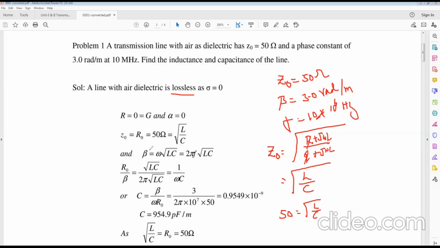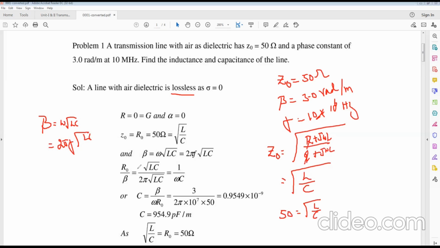Then the beta is also given. What is the formula for beta in the lossless transmission line? Beta is equal to omega root LC, and that is equal to 2 pi f root LC.